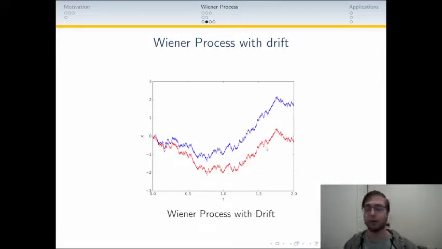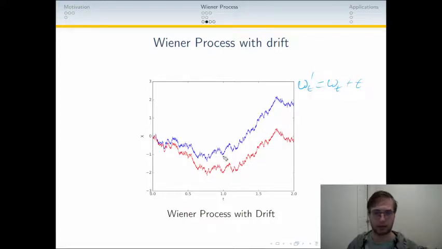So here's an image depicting two different Wiener processes. This is from time 0 to 2. The red one is a normal Wiener process, and the blue one is the same Wiener process, so the same values at all the same points, except it has drift of 1. So we can describe this as W1 of t equals W of t plus t.